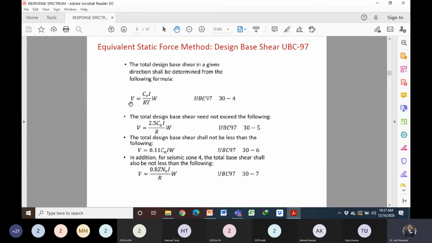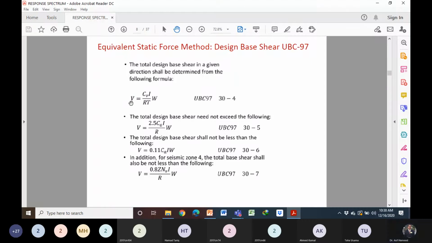This is the formula to calculate the base shear. Base shear is directly proportional to the seismic coefficients: CV is the seismic velocity coefficient, and this is the seismic acceleration coefficient. One by one, each factor we will discuss in detail later on.